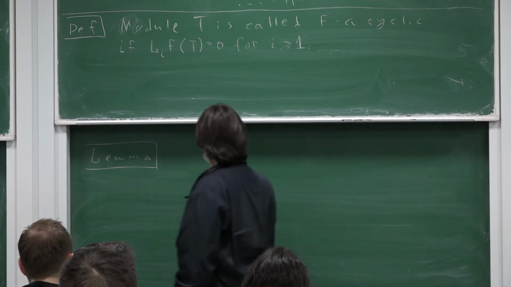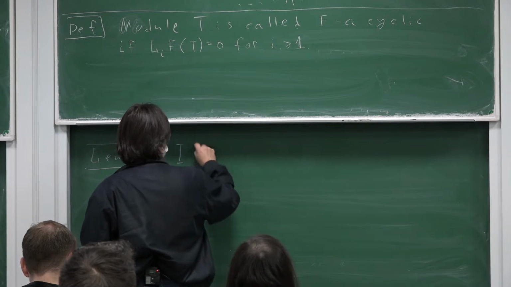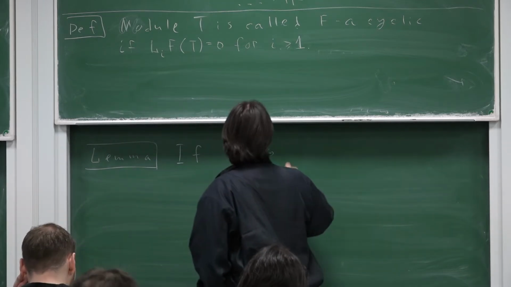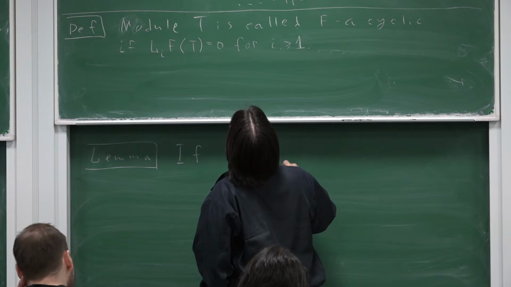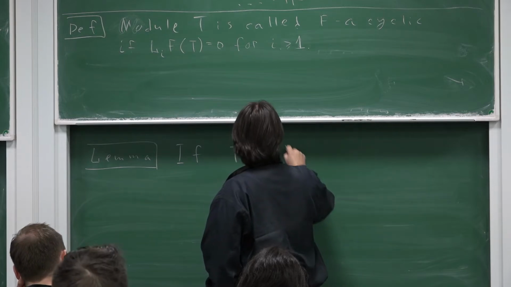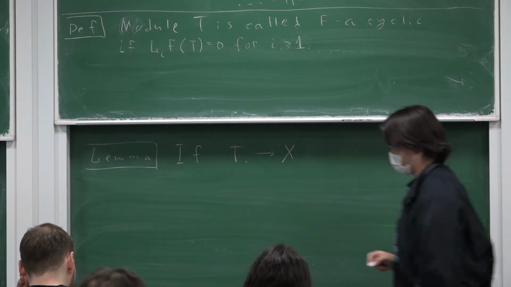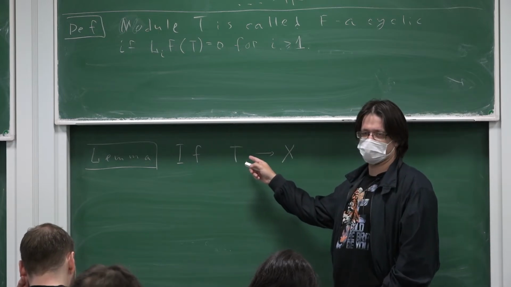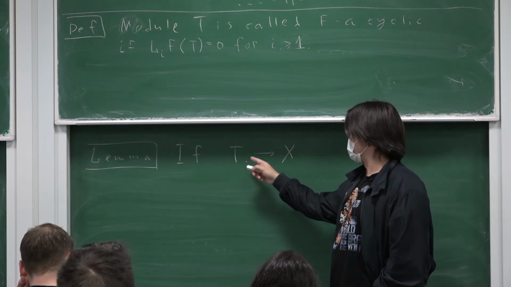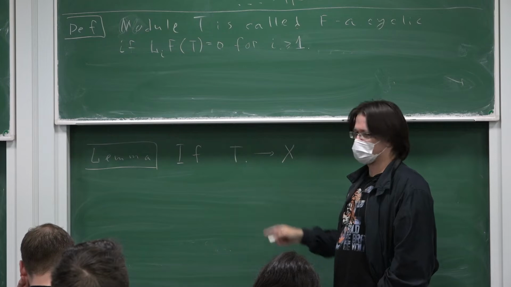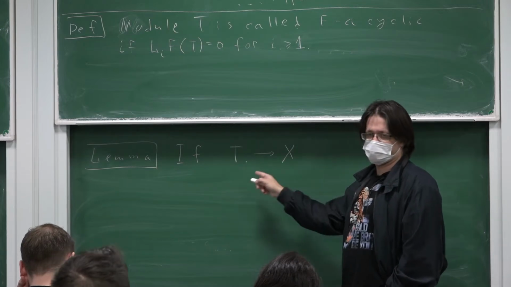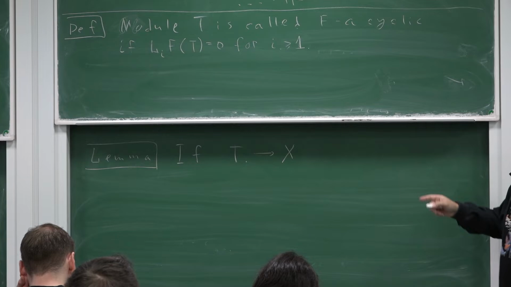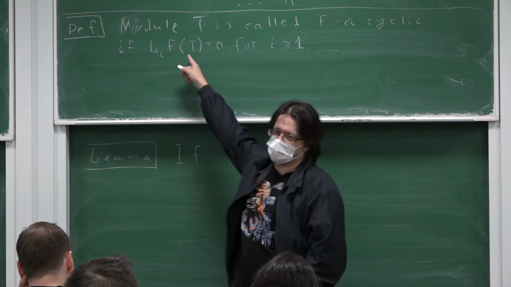Namely, if you have an F-acyclic resolution of some module X, F-acyclic resolution means the same thing as projective resolution, but the condition that the members are projective is changed by the condition that they are F-acyclic.